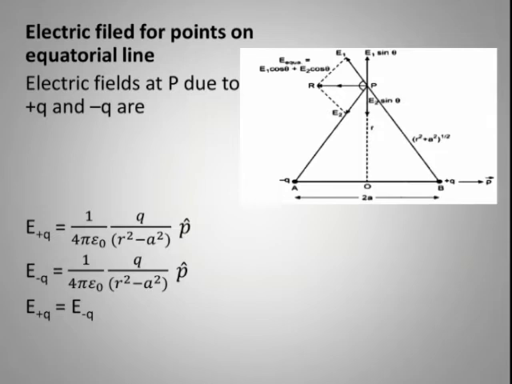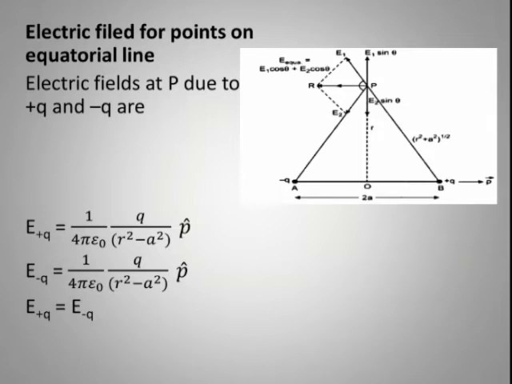I take it to my left hand side as the root of r square plus a square. That root, I take as the power of half. So the distance is r square plus a square to the power of half.